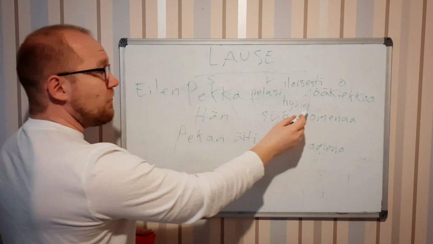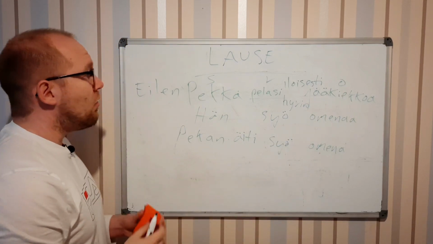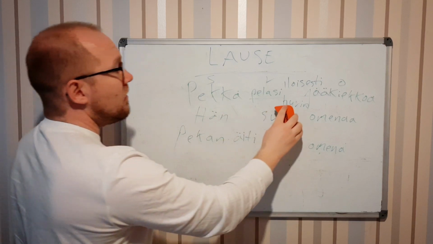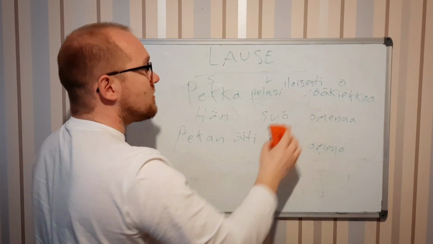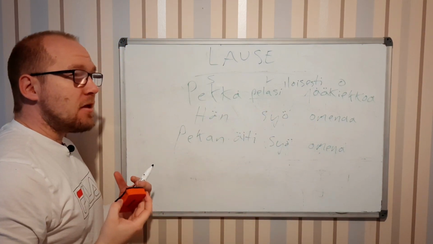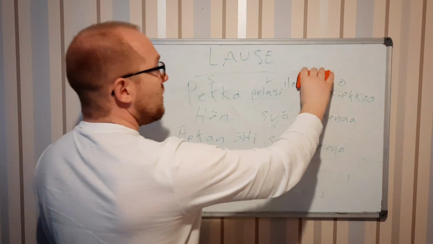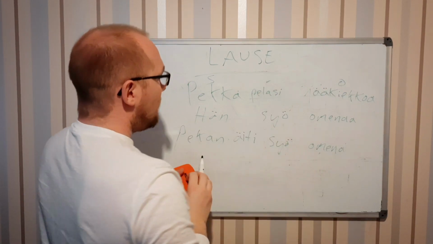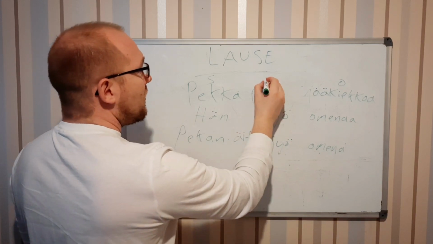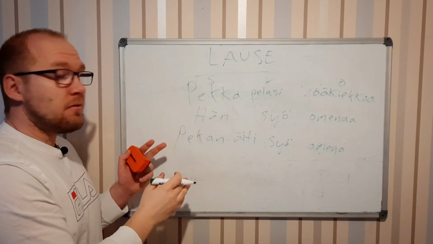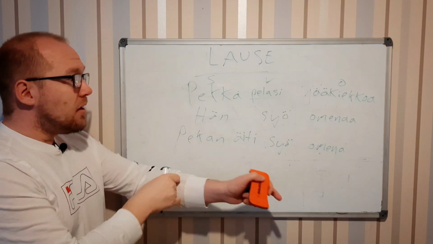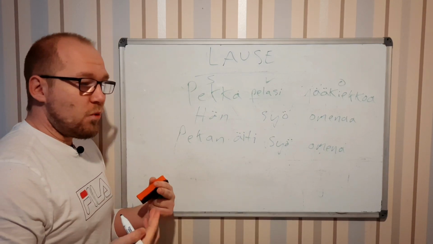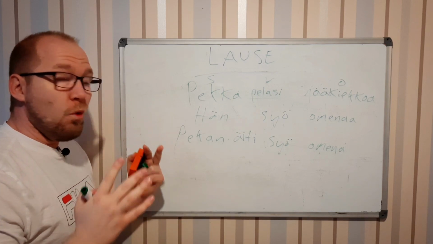Eilen Pekka pelasi hyvin jääkiekkoa. So when there are more elements, it starts forming a story. Okay. So learning what are the elements of the sentences, you start understanding more, and then that's the way you get more words.